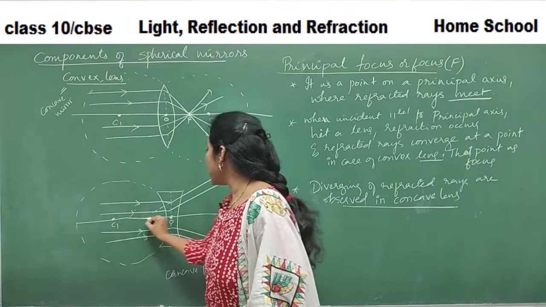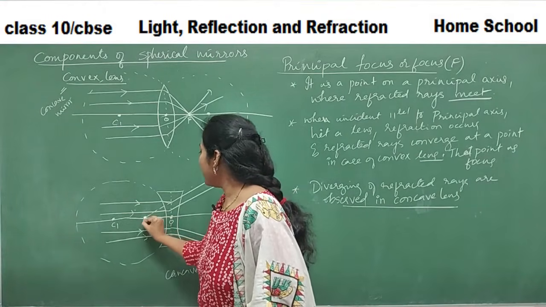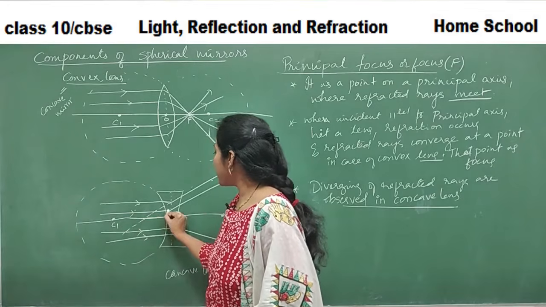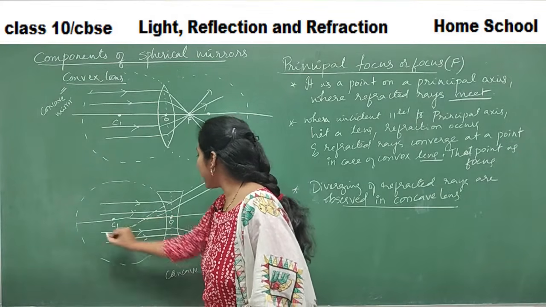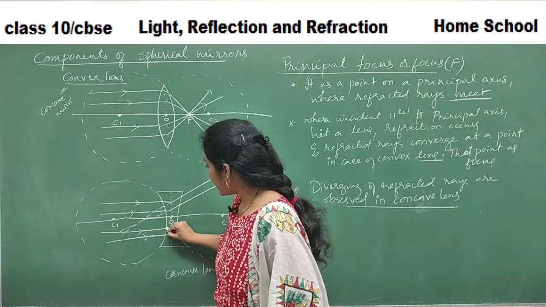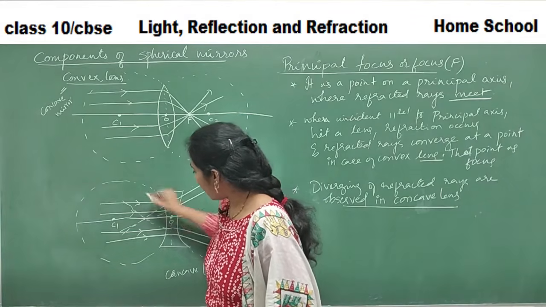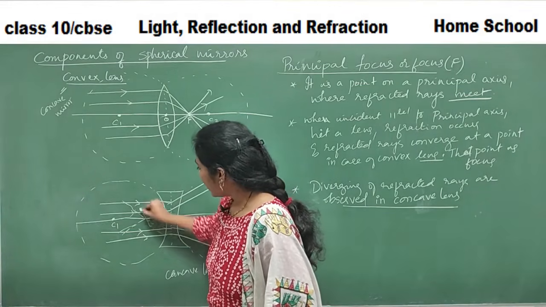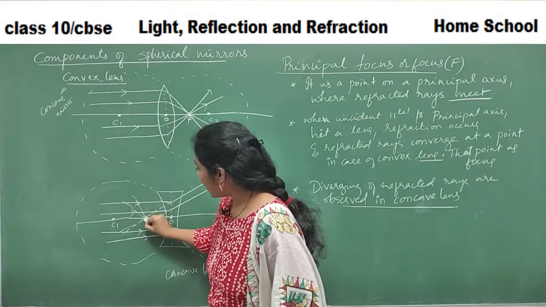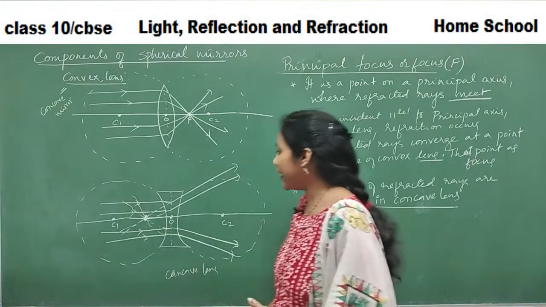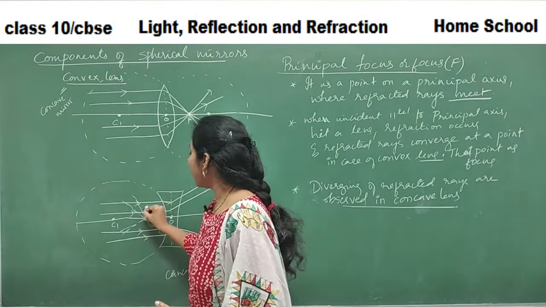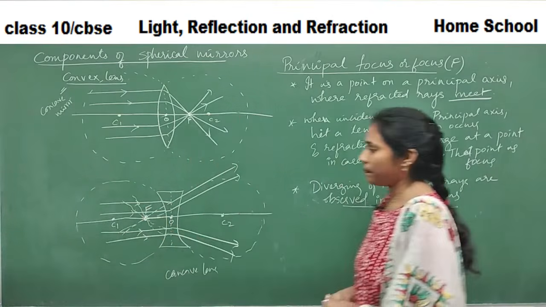This is your principal axis, right? I am just projecting those refracted rays. Say this is a refracted ray. All these refracted rays, if I project backwards, meet here, right? Such a point I am calling the focus here.